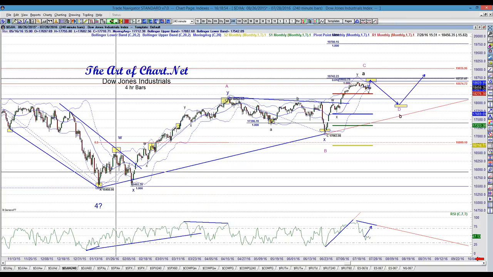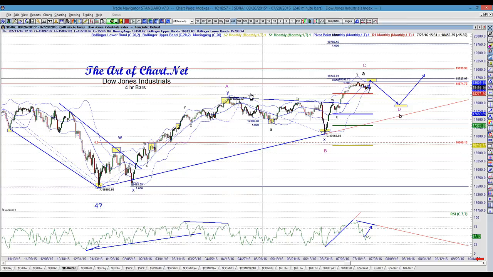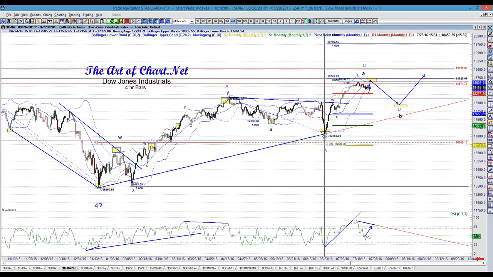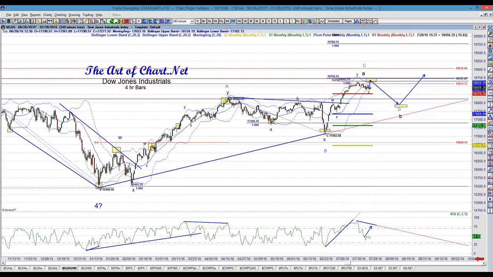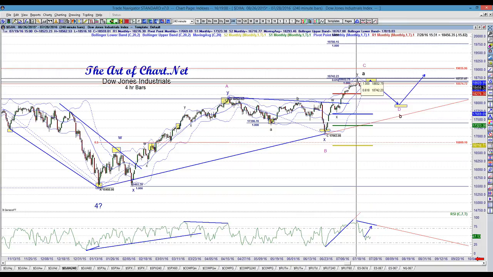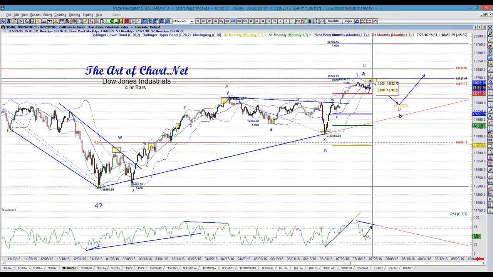But where we are in this count right now is WXY. I'm looking at this being the end of a significant wave, and then I'm looking for a back test here. So this is a WXY, a 3-wave move to the 100% fib. This is an X. I'm looking for one last leg higher to finish the sequence.